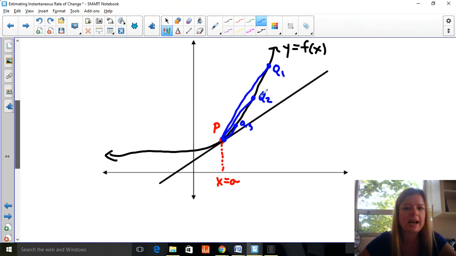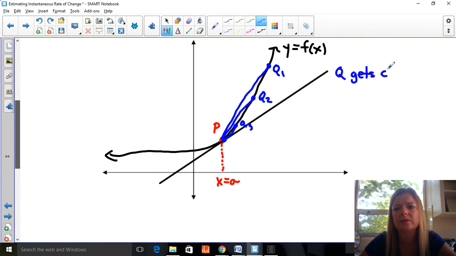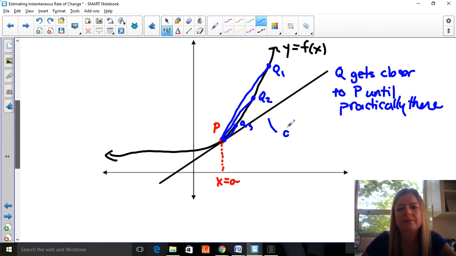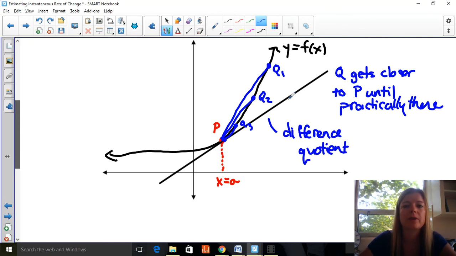So the idea is that Q gets closer to P until practically there. So you can think about it sliding close to P. Okay, so that's one way of doing it, is making intervals that are just above P, and that's something called the difference quotient. That's one method we're going to learn today.